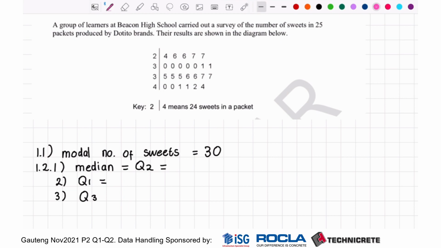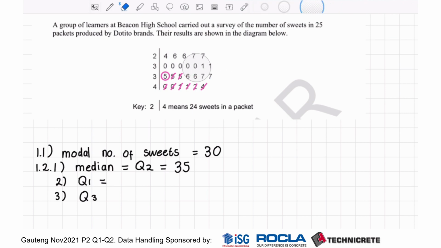So I'm just going to be crossing out the numbers starting from the highest number and the lowest number and find where I meet in the middle. Right, so my median is 35.